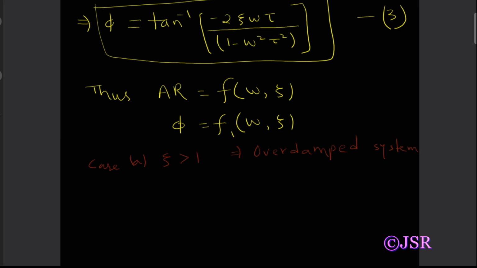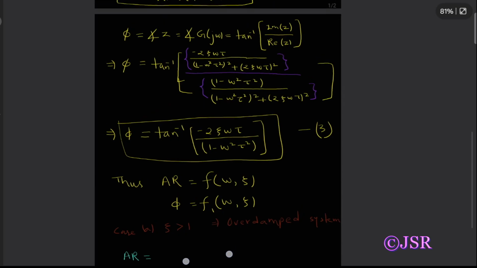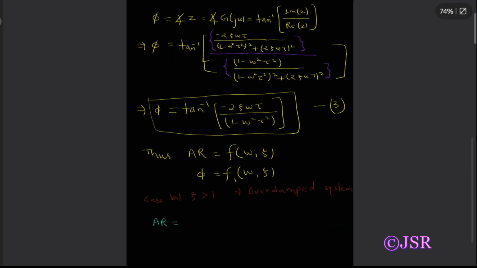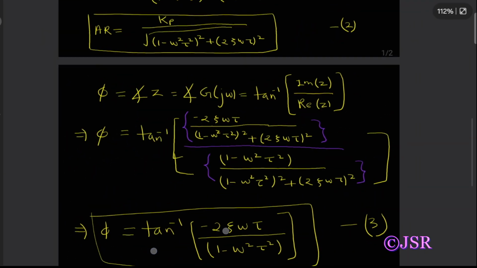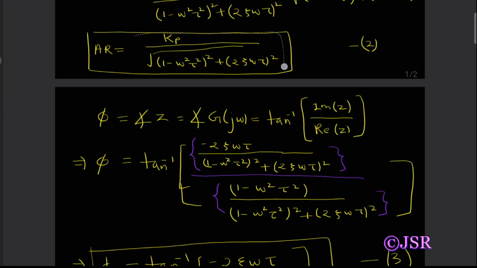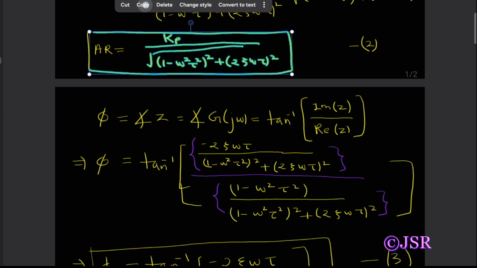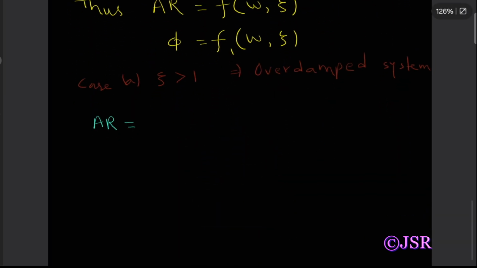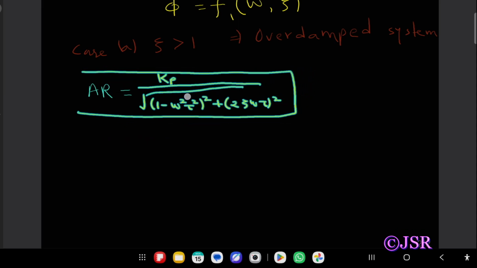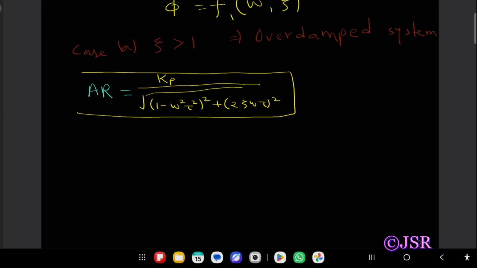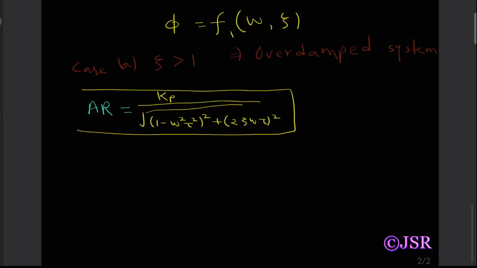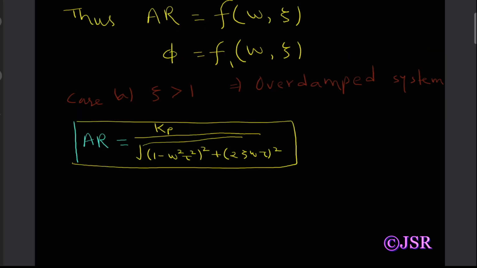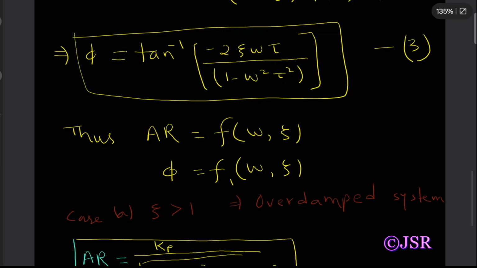So in that case the amplitude ratio will be equal to, as per the equation number 2, we have this, and the phase shift will be as per the equation number 3.